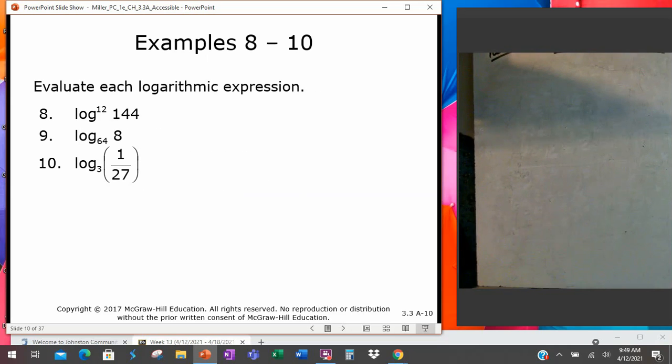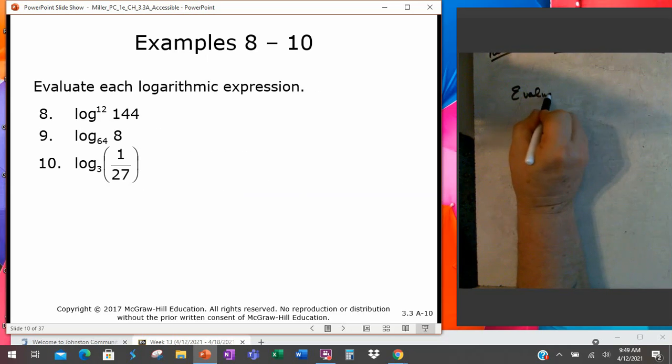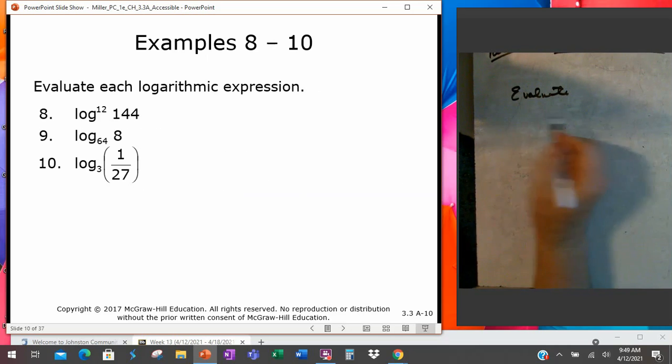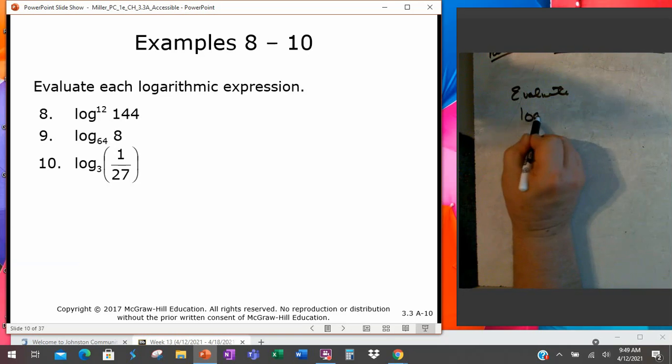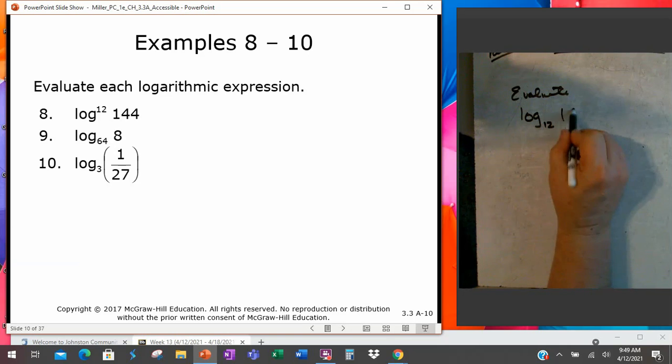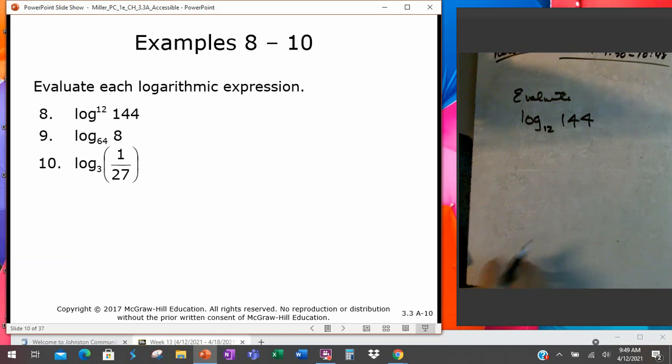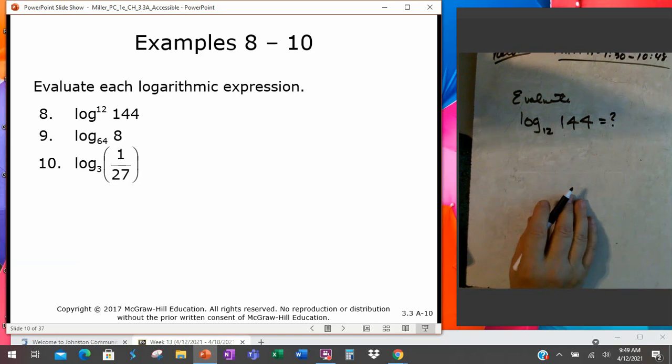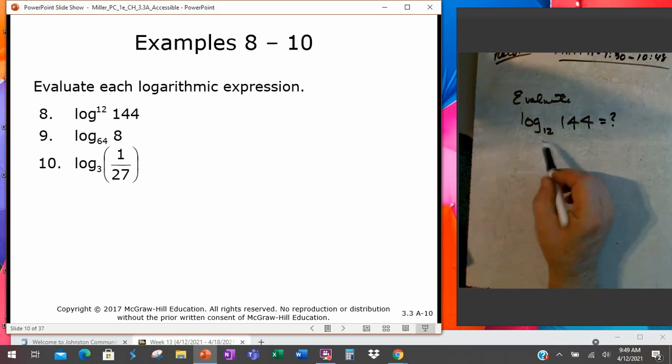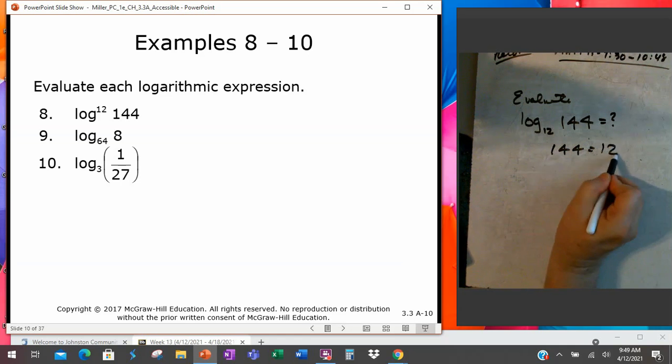So let's see, evaluating logarithmic expressions. I want you to do this with your calculator. That's just the way it showed up in the slide. Some of these you can just do by saying, I want to represent 144 as a power of 12.